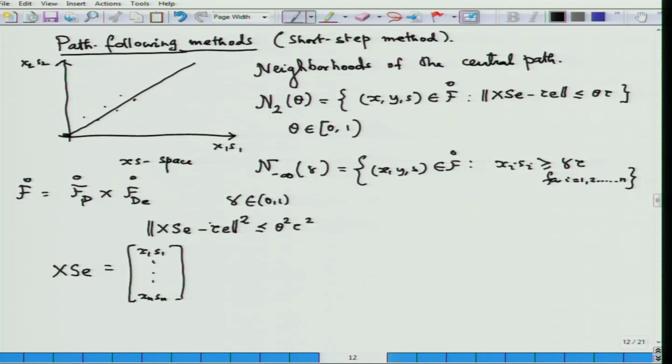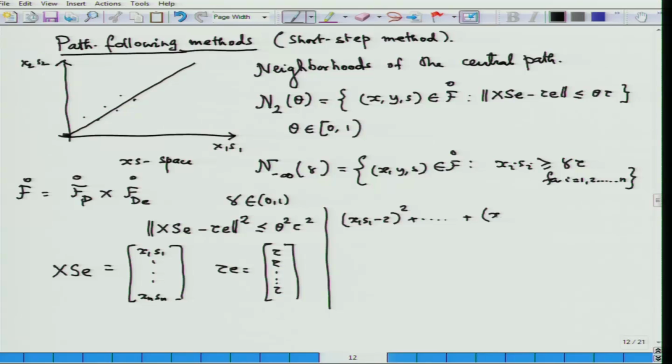And E is 1 1 1, and tau E is nothing but all components are tau. So, basically if I look at it, this would give me nothing but (x1 s1 minus tau) whole square plus (xn sn minus tau) whole square, which is less than or equal to theta square tau square.